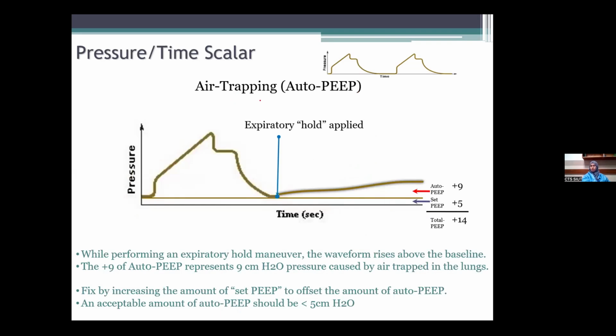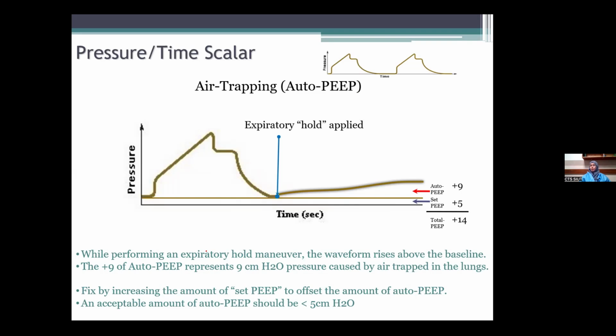How do you determine whether a patient is having problems of auto PEEP or air trapping? In a pressure time scalar, while performing an expiratory hold maneuver, the waveform rises above the baseline. For example, in this scenario, the expiratory hold was applied and then the auto PEEP rose to a total value of 9.